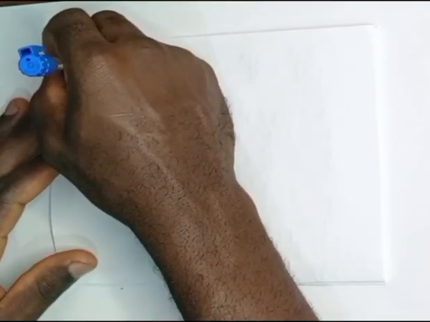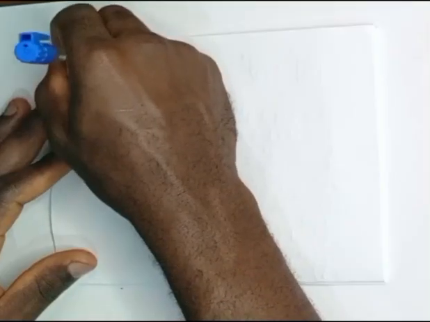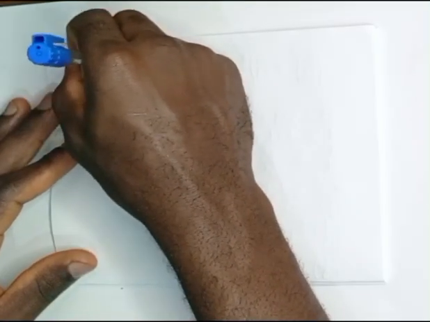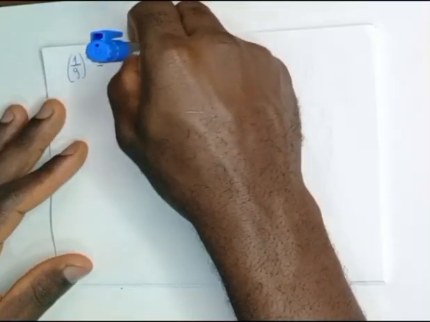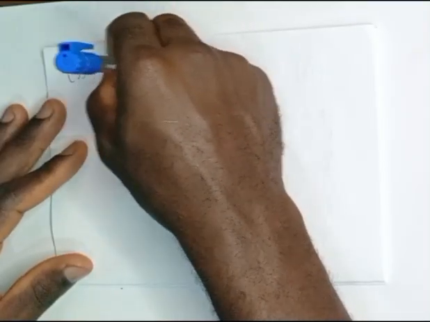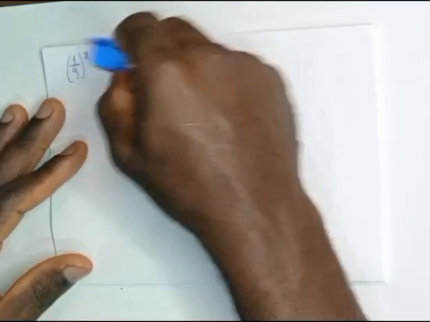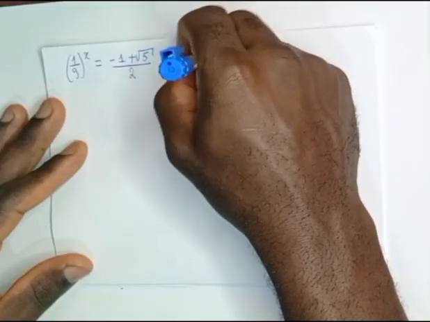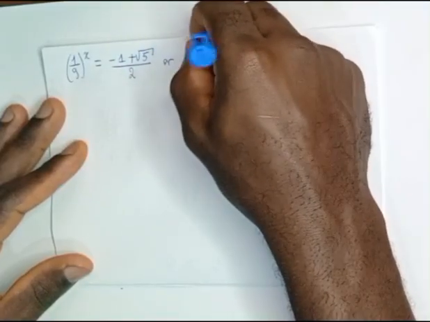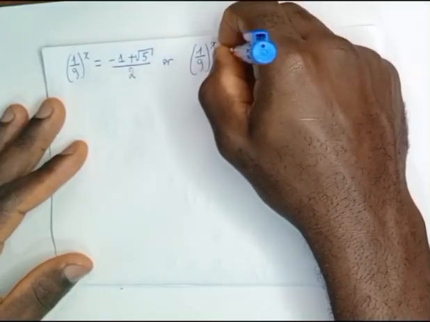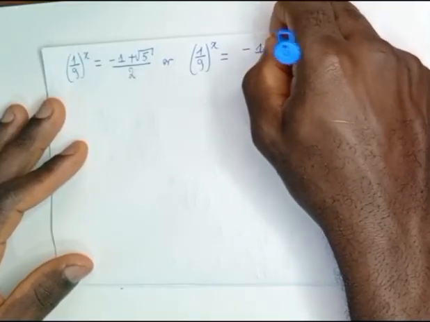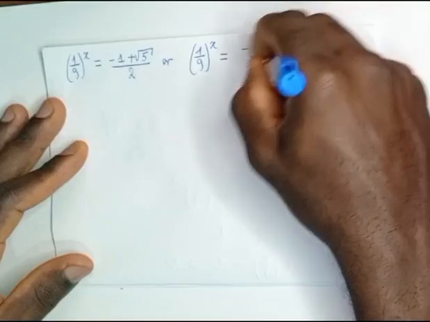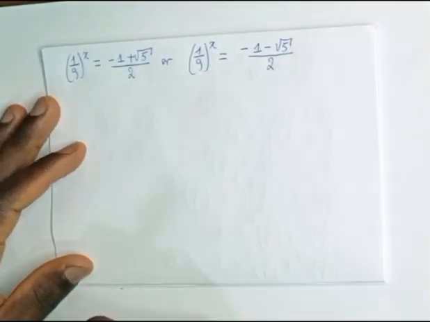This will give us 1 over 9, all this raised to the power x, to be equal to negative 1 plus root 5 all over 2, or 1 over 9, all this raised to the power x is equal to negative 1 minus root 5 all over 2.